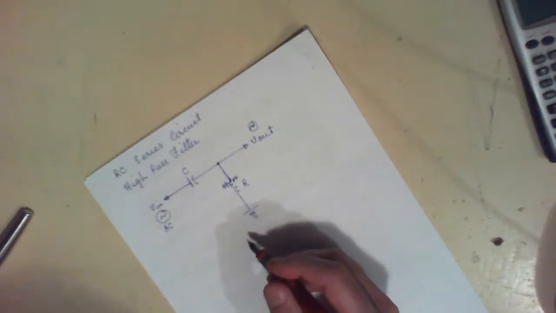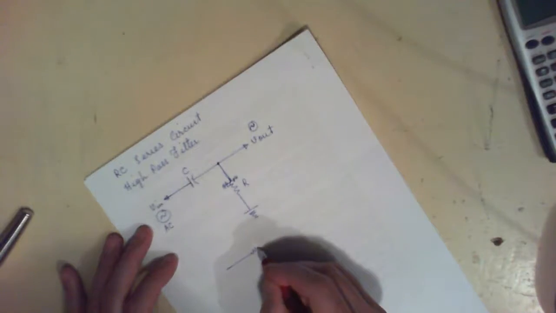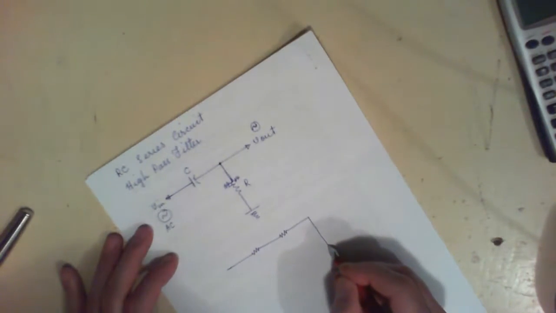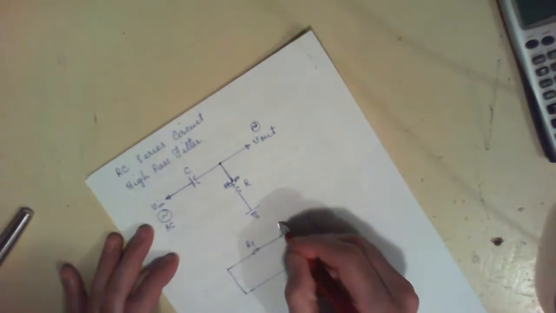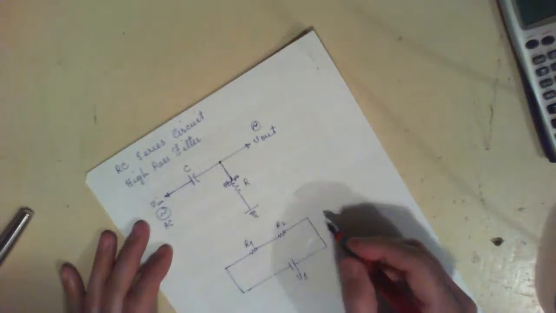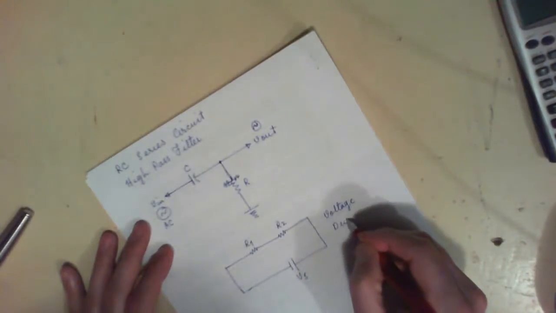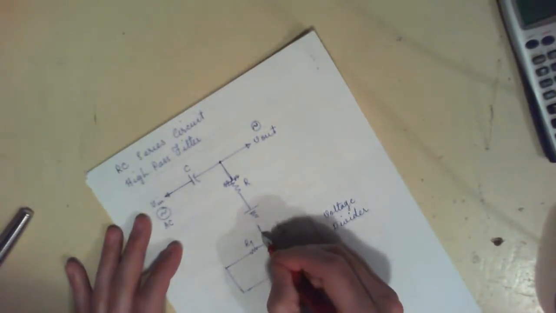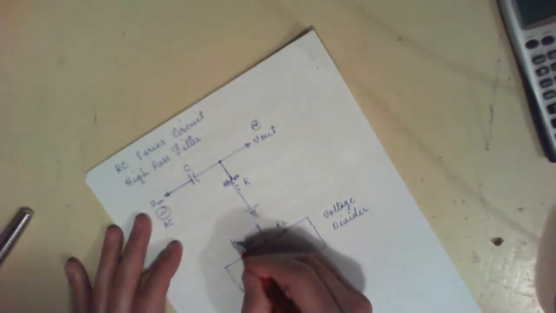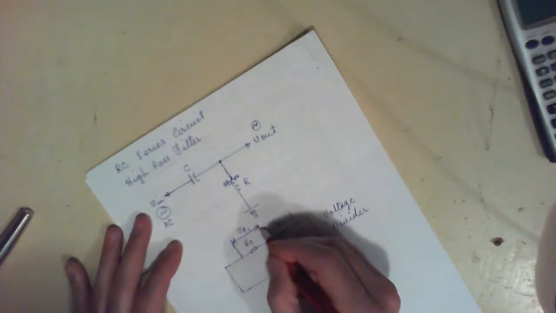Usually in DC circuits, for example, you could have two resistors connected to a power supply. This becomes your V of S, and this becomes R1 and R2, and then this becomes a voltage divider circuit. Some voltage is dropped across each resistor depending on its value. So that becomes V of R1, and this becomes V of R2.